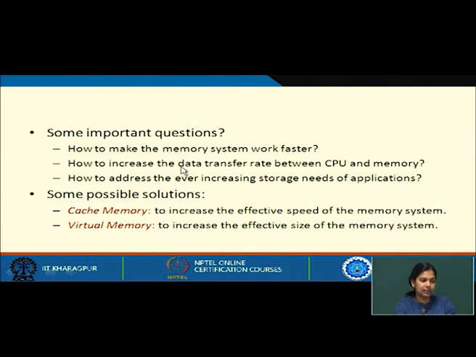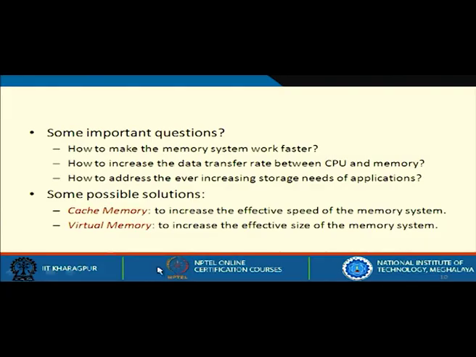How to increase the data transfer rate between CPU and memory, how can the transfer of data be made faster, and how to address the ever increasing storage need of applications. We need large memory as well. Not only do we need faster, we also need larger memories, because there are various applications which require larger memory space. So, we need to look into all the issues.